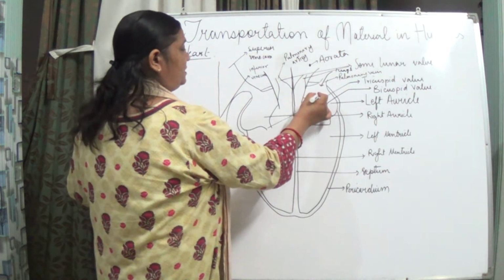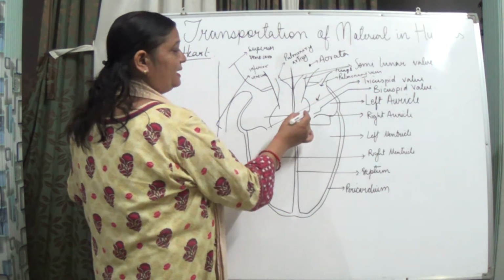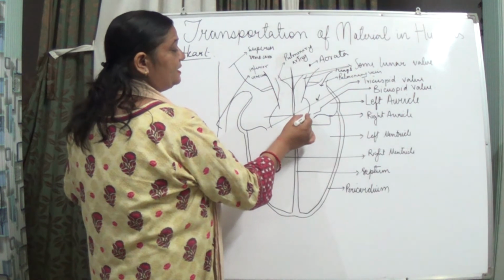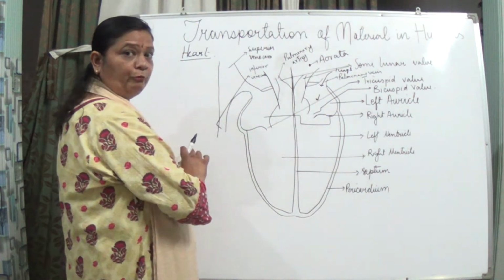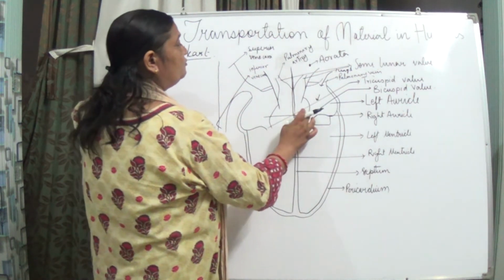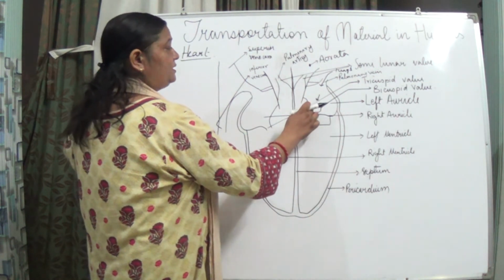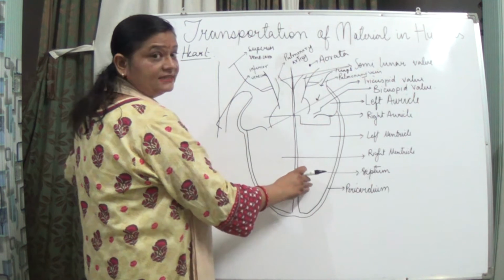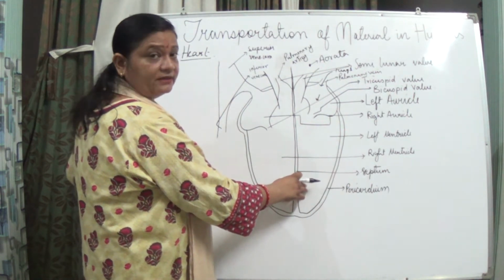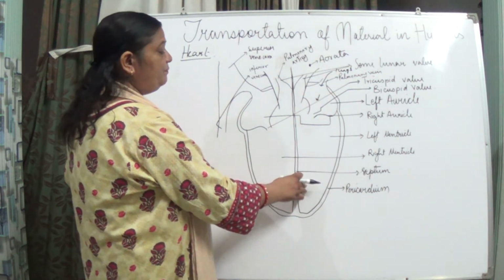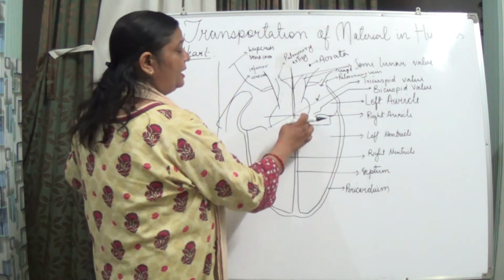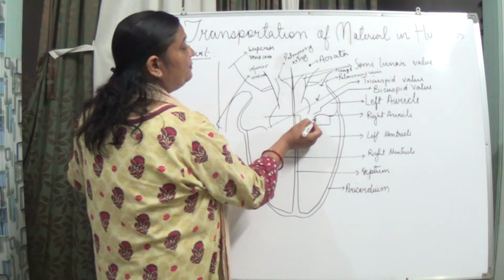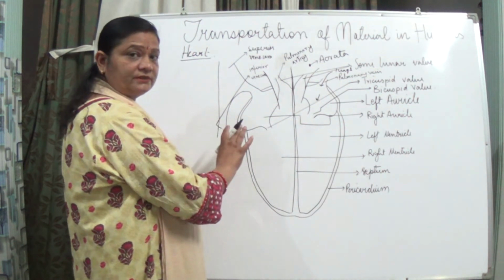And when it enters, it creates pressure, and as a result, this bicuspid valve opens. When this valve opens, what happens here? The blood flows inside the ventricle, that is the left ventricle. And when the blood moves on to the left ventricle, this bicuspid valve closes.